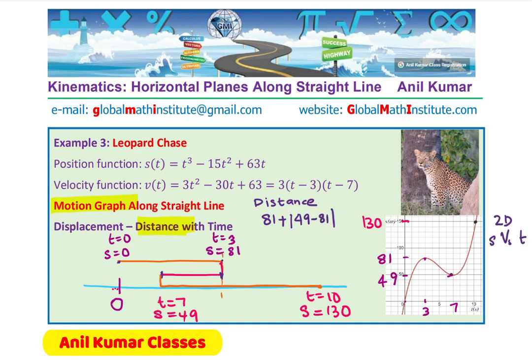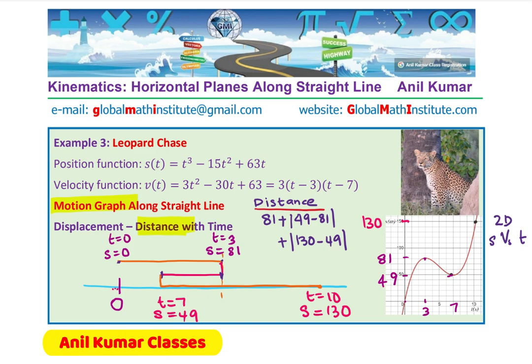The amount of distance it turned back, and then from 49 to 130, so we'll also add the absolute value of 130 minus 49. Is that clear to you? So that is how we are going to add all the displacements within the intervals when the object is moving in one direction. And positive values of their addition will give us total distance, right?